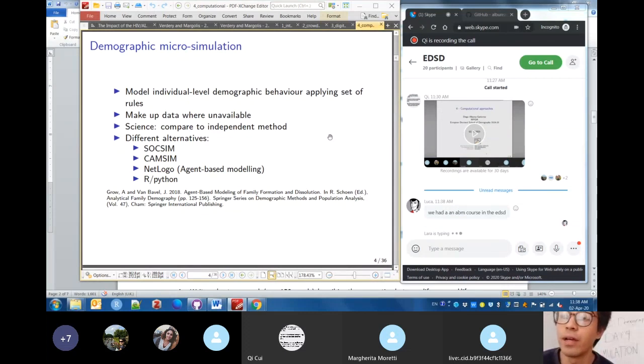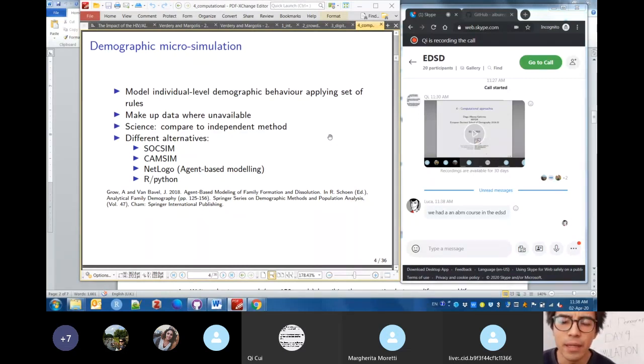Okay, great, so you had the agent-based modeling course. What we are going to speak about today has a similar principle to agent-based modeling, but the implementation and the type of analysis that you can do is different.